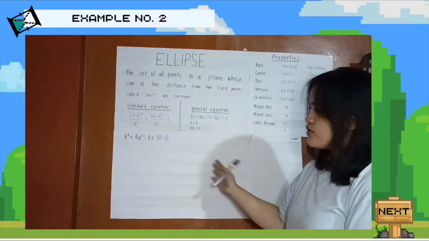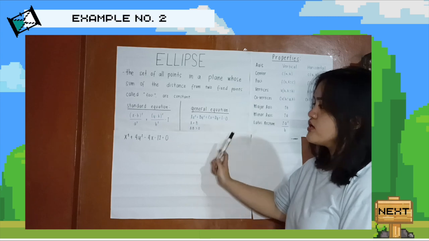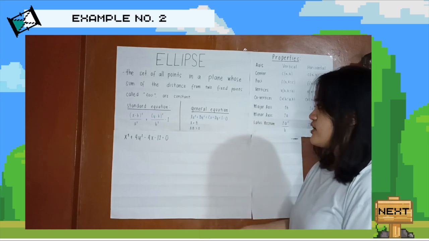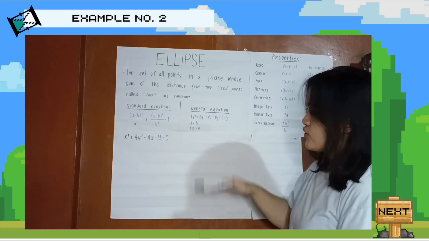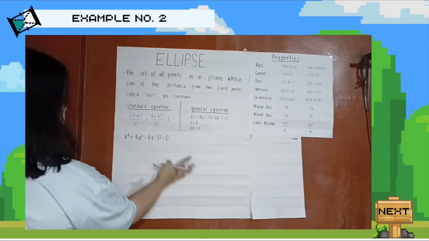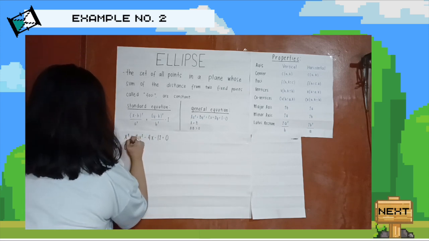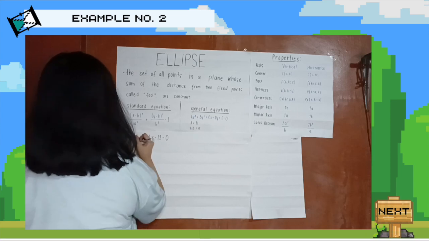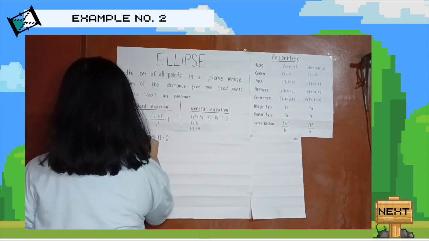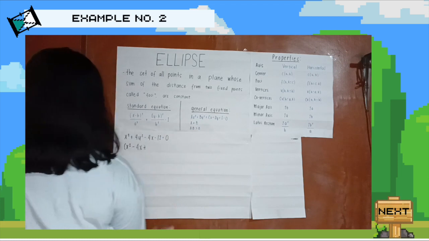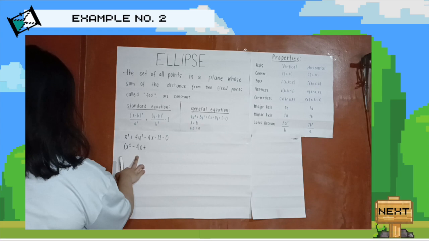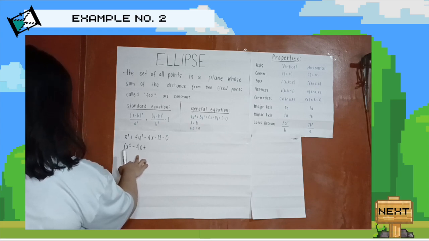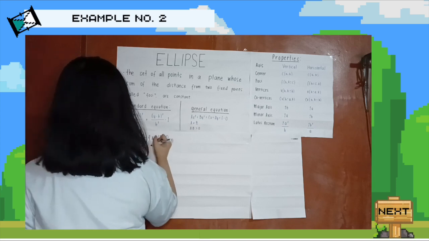For this example, we will be solving from general equation to standard equation, and we need to solve for the properties. In order to solve this, we need to group them. So x squared minus 4x plus, negative 4 divided by 2 is negative 2, and negative 2 squared is equal to 4. So plus 4.